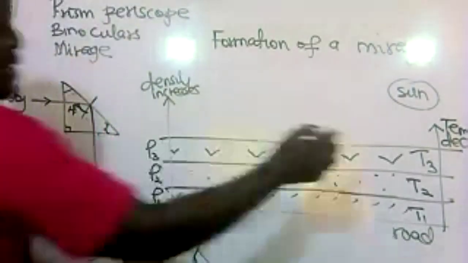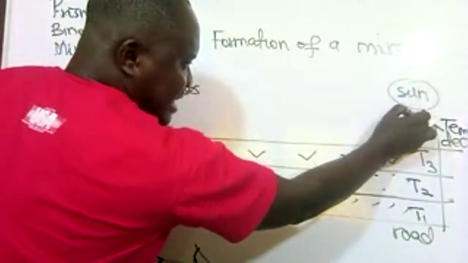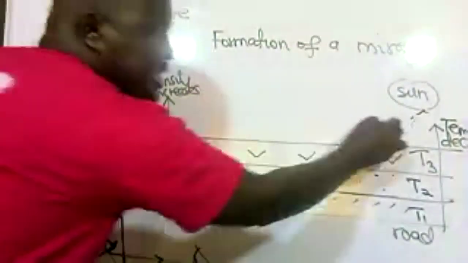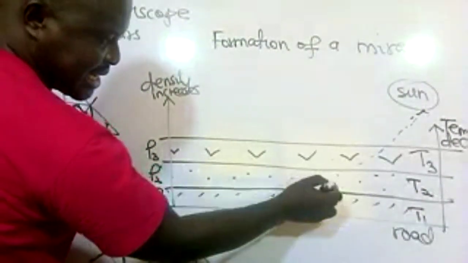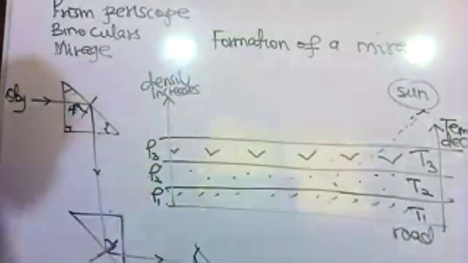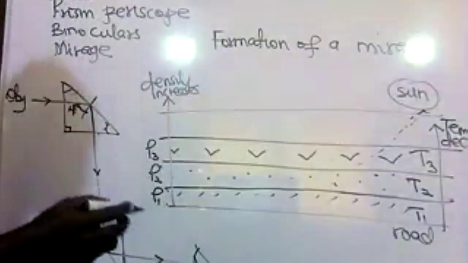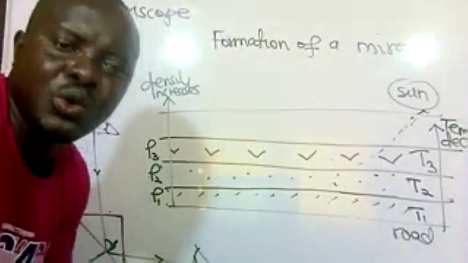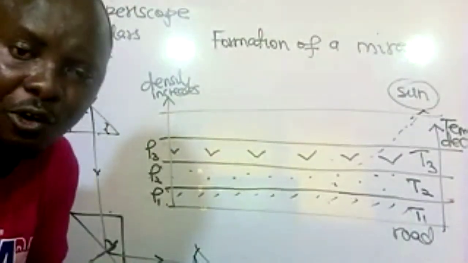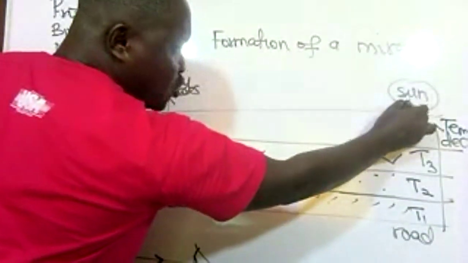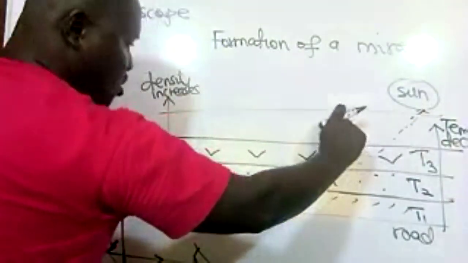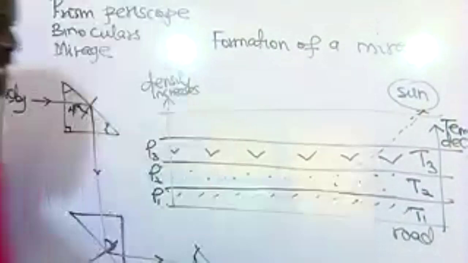Now, the ray from the sun has to go through air layers of different densities. The first air layer is denser than the second, the third, and on and on. So it is similar to a light ray moving from a denser medium into a less dense medium. So the light ray from the sun will go through layers of decreasing density.